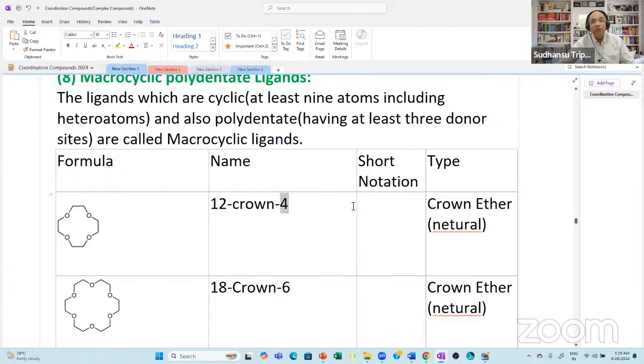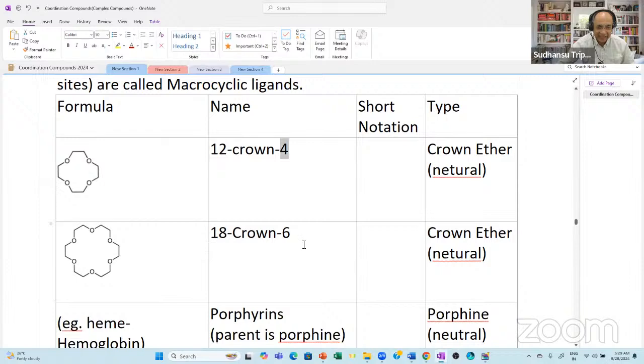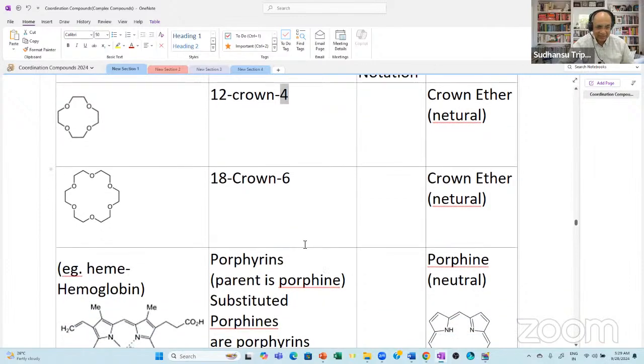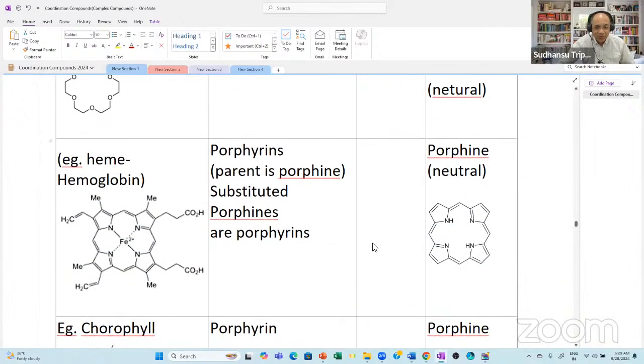This is 12-crown-4. This is neutral, a tetradentate cyclic ligand. This is 18-crown-6. And most importantly, in biology, you guys know more than what I know about biology.